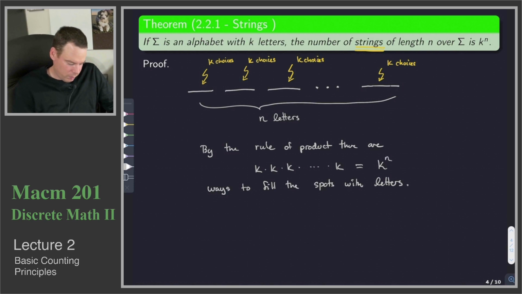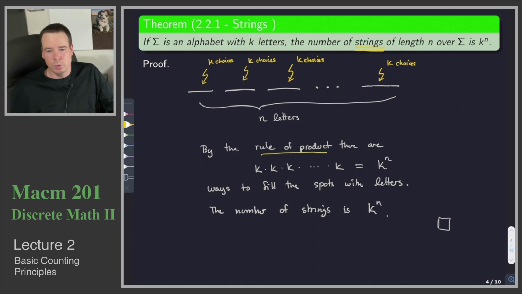And so therefore the number of strings is k to the n. And so that proves our theorem. And again, it just followed from the rule of product.